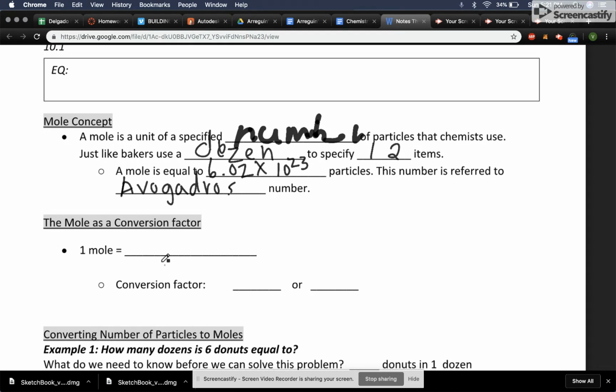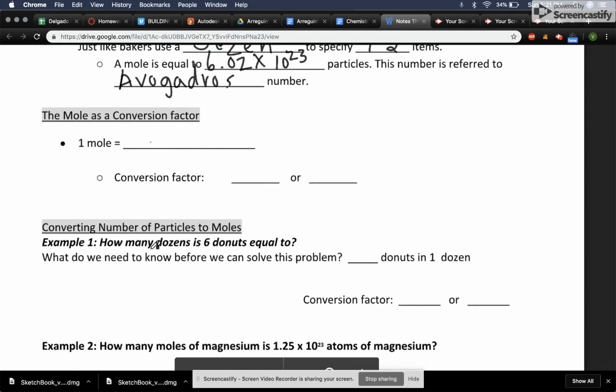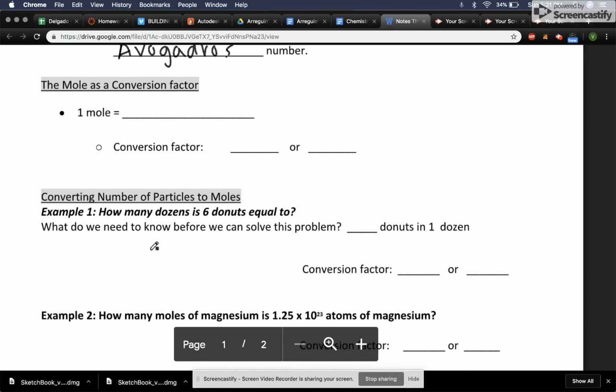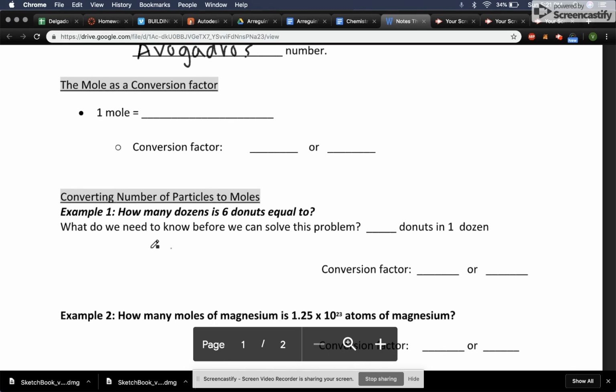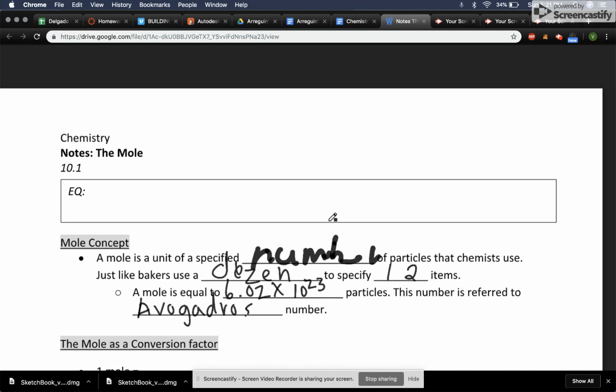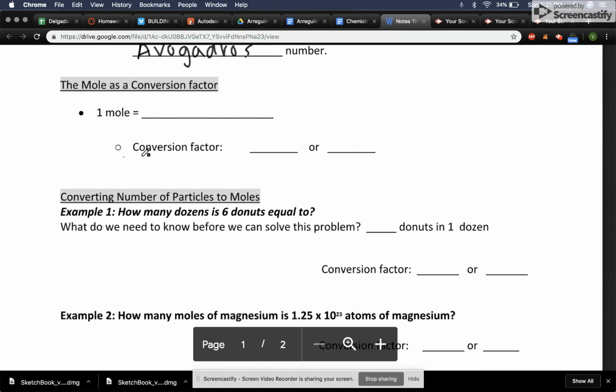Okay, so here the mole conversion. So there is a number that we will be using quite often. I'm sorry, I was getting sidetracked there. So here, what we got to write is for 1 mole, it's equal to 6.02 times 10 to the 23, and the conversion factor is 1 mole over 6.02 times 10 to the 23.